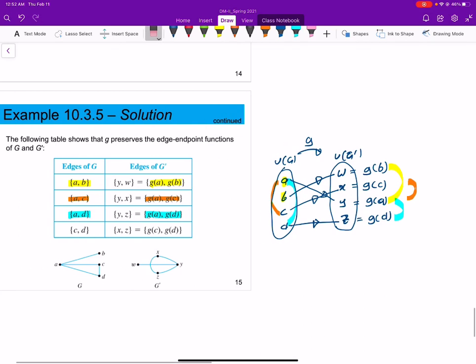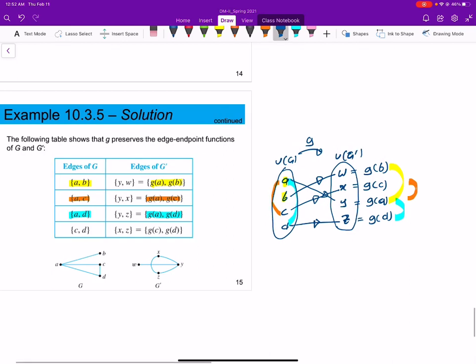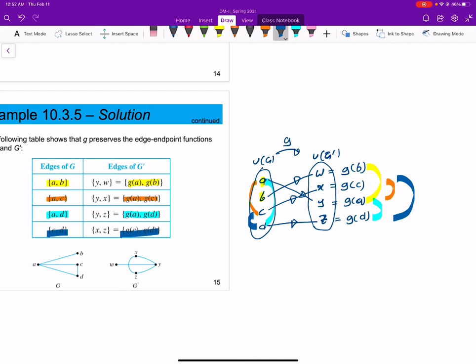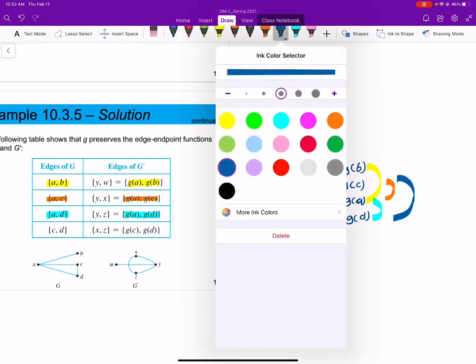Alright, and then finally the edge between C and D is the same as the edge between this and that, which is GC and GD.